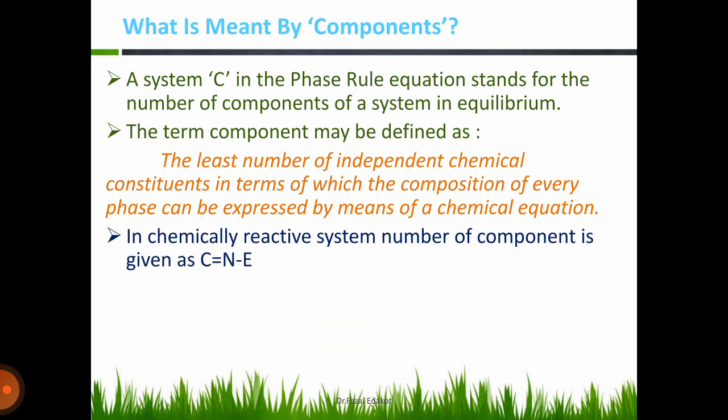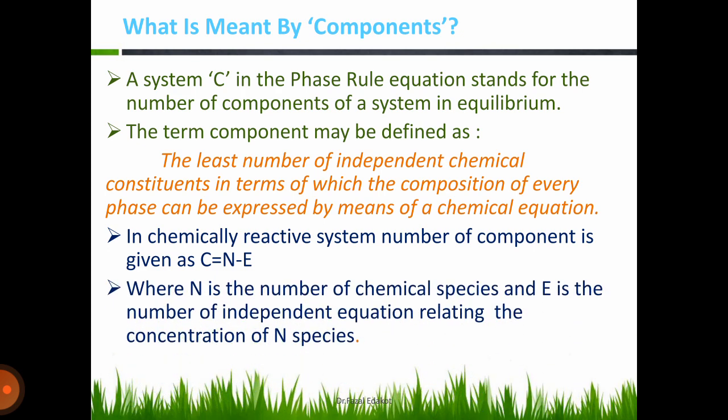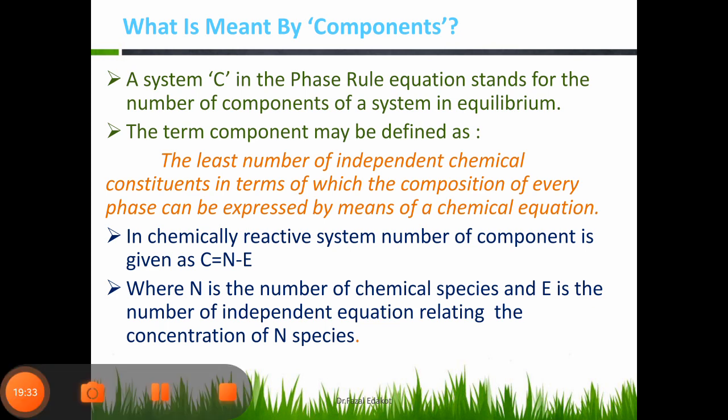Means, in a chemically reactive system, the number of components is given as C = N - E, where N is the number of chemical species and E is the number of independent equations relating the concentration of N species.